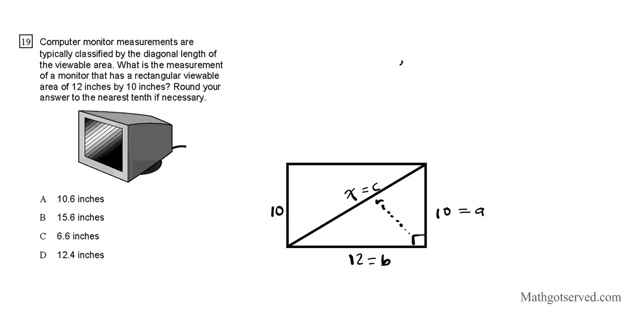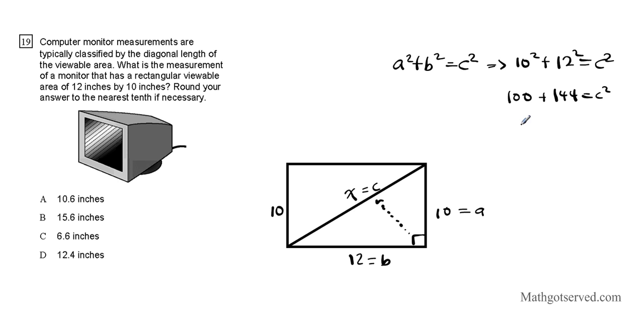Okay. All right, so we have a squared plus b squared equals c squared. That's my Pythagorean theorem. Now we're going to put these into this equation. So that's going to give me 10 squared plus 12 squared equals c squared. 10 squared is 100 plus 12 squared is 144 equals c squared. If you add these two together, you get 244 equals c squared. So c is the square root of 244.